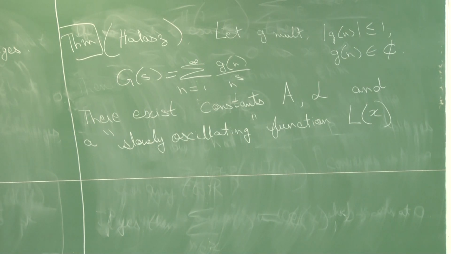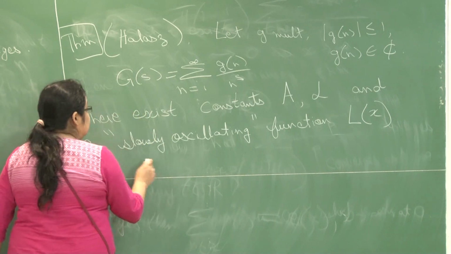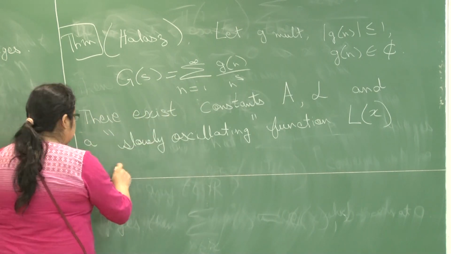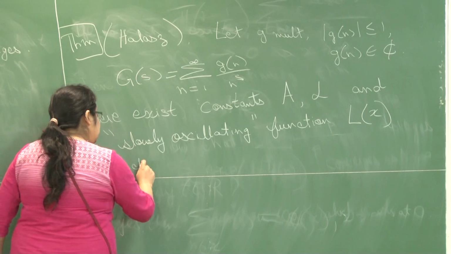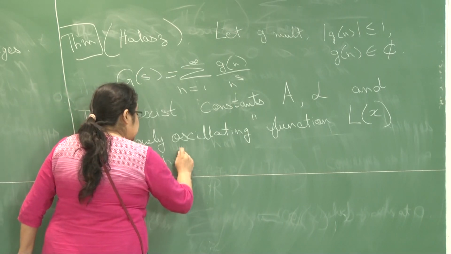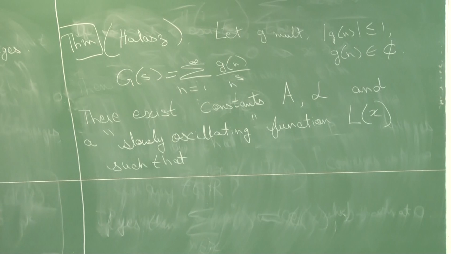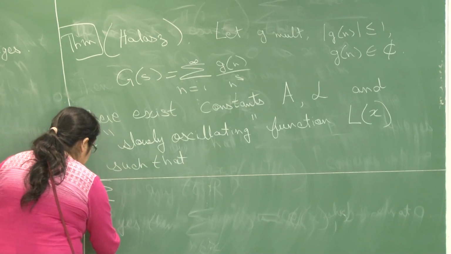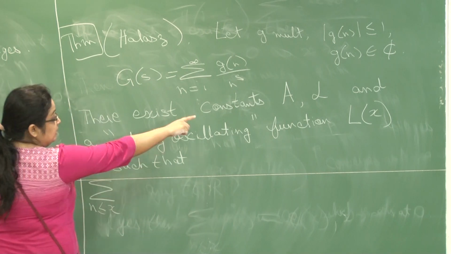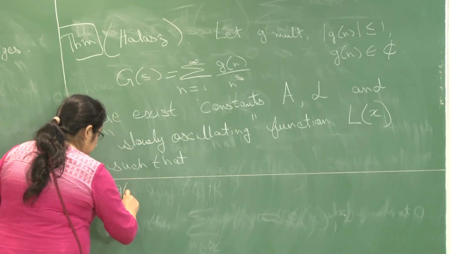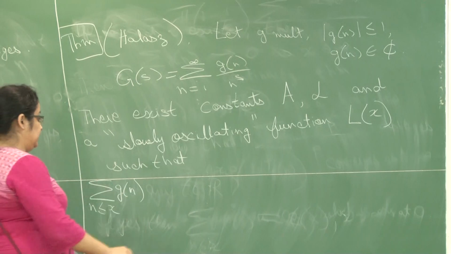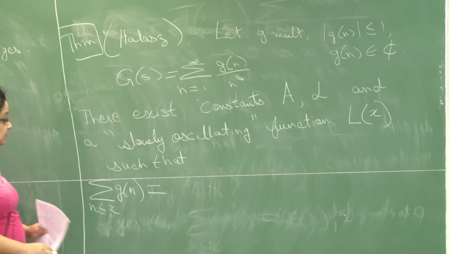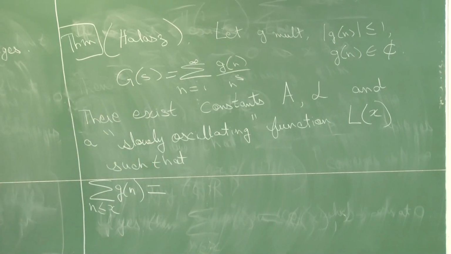So, there exists a slowly oscillating function L of x and these constants such that the mean value of your little g can be written in terms of these quantities. This turns out to be, so the sum, I am just going to take x to the right hand side.